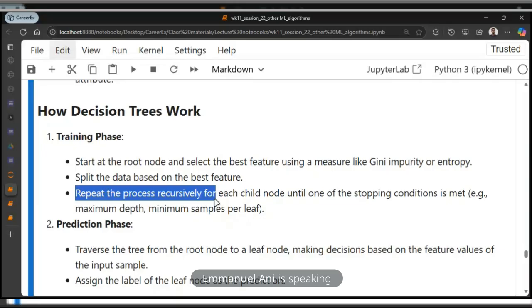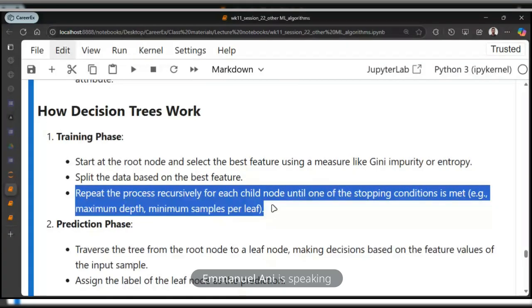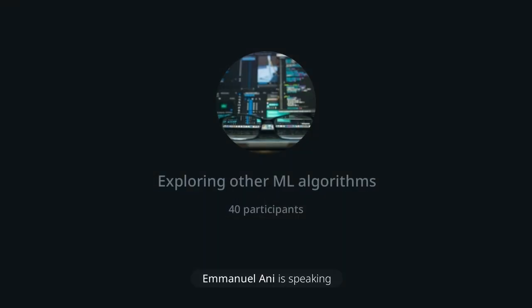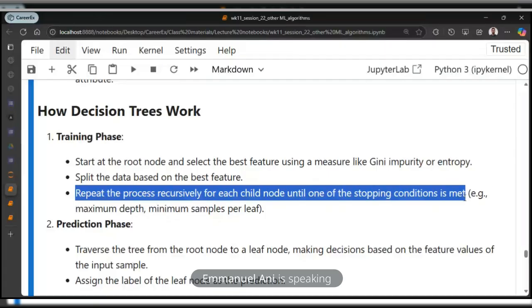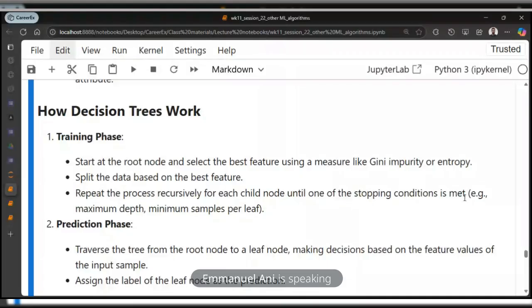Although there are different stopping criteria, which we are going to look at. You repeat this process recursively for each child node. Child nodes are the nodes that follow the root node, until one of the stopping conditions is met. There are different things that will determine when your splitting stops.